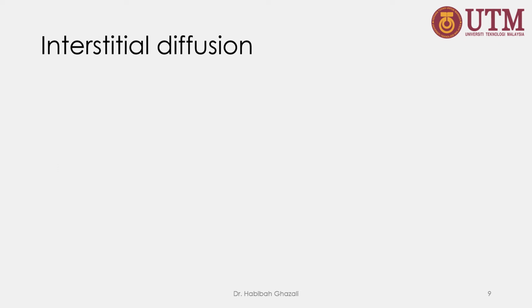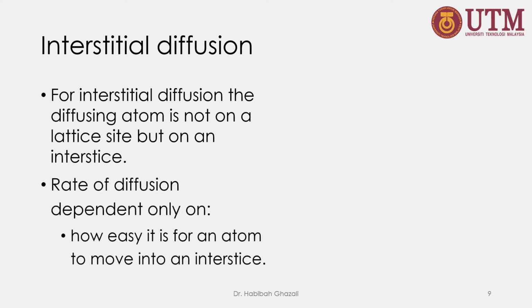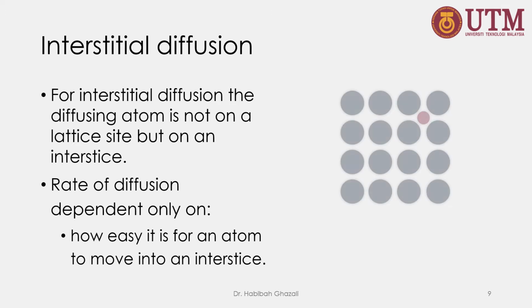In the case of interstitial diffusion, the diffusing atom is not on the lattice site, but in the interstitial space within the crystal structure. So in this diffusion mechanism, the diffusing atom is free to move to any adjacent interstitial unless it is already occupied. So the rate of diffusion is only dependent on how easily an atom can move into an interstitial.